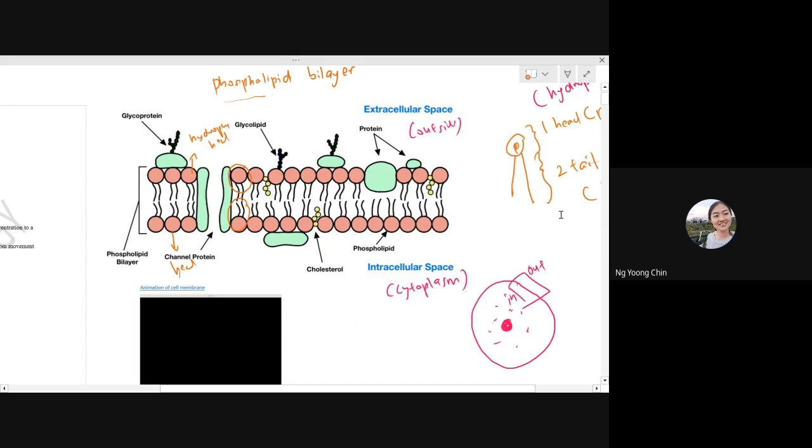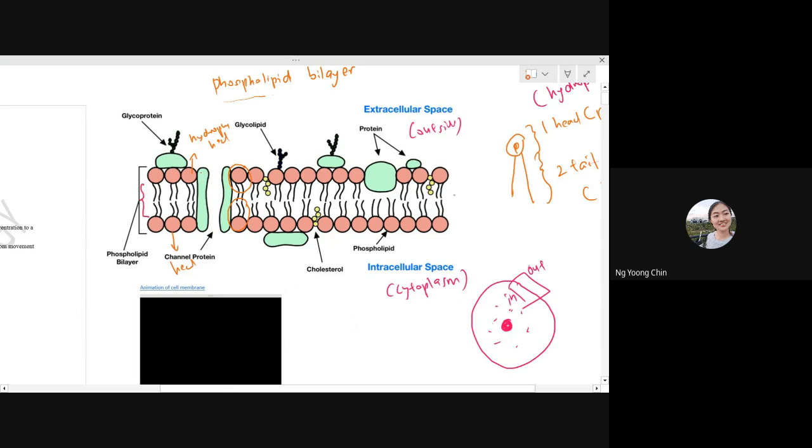However, the two fatty acids, which are hydrophobic, are unable to stay with water, so they face inward towards each other. This is the orientation. They form a hydrophobic region between the phospholipid bilayer.